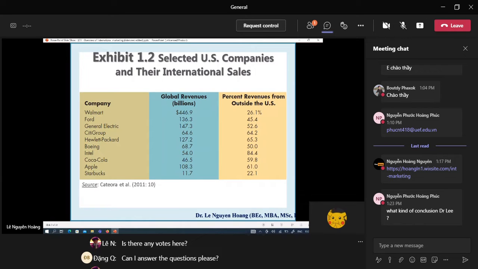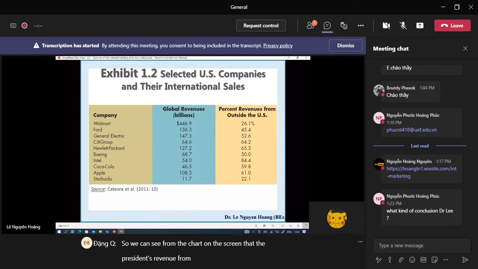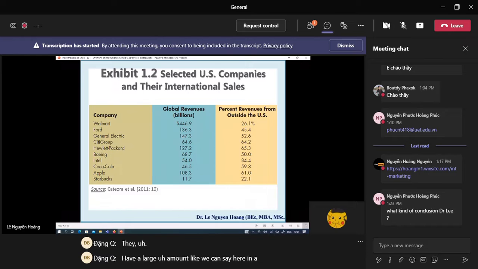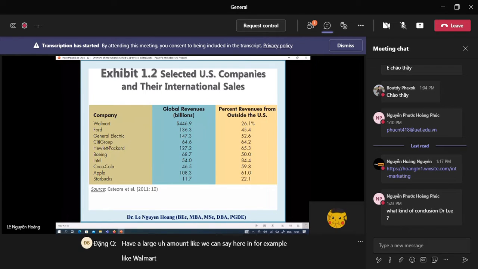We can see from the chart on the screen that the percent revenue from outside the US of those companies in the US is a large amount. For example, Walmart: the percent revenue from outside the US is 26.1%.